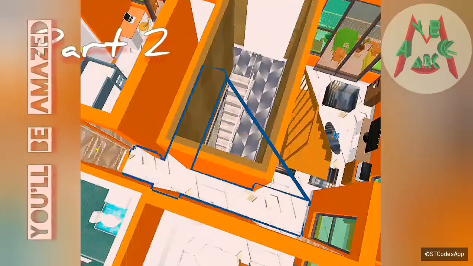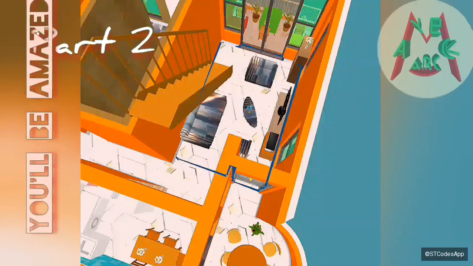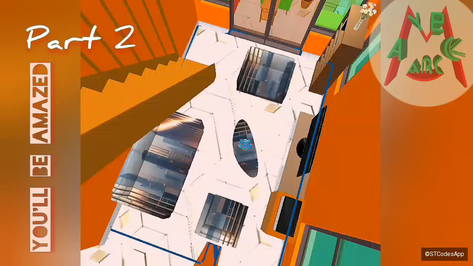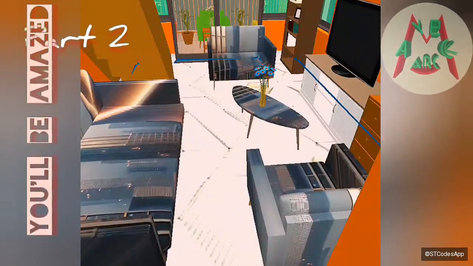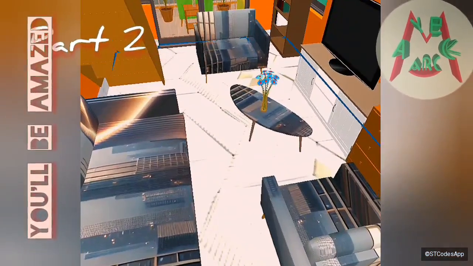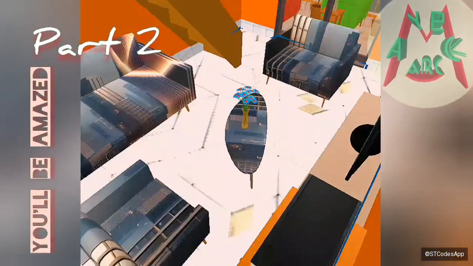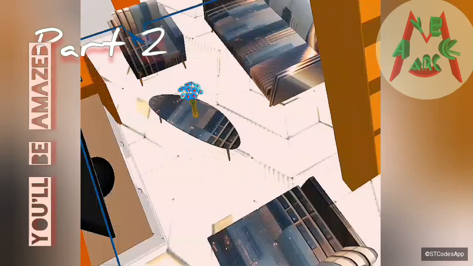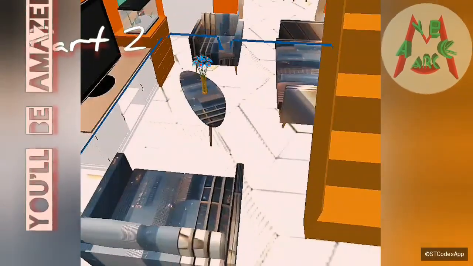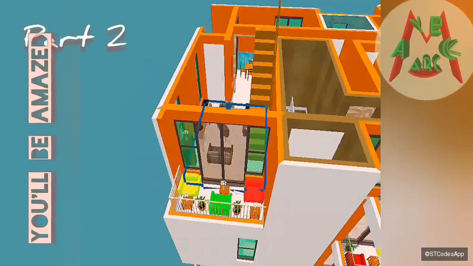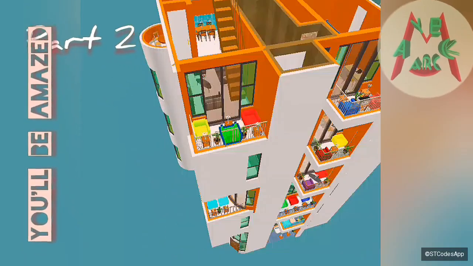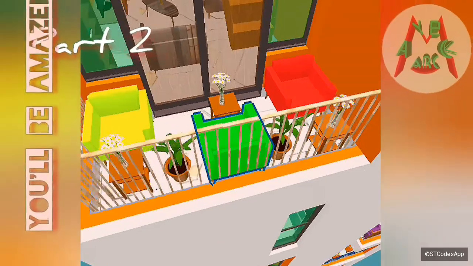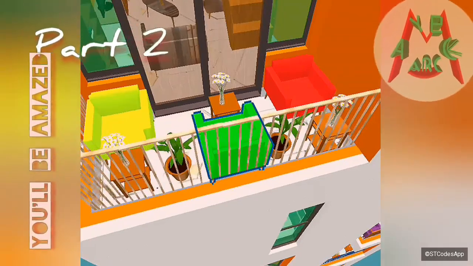Here you find its living room. Our five bedroom house comes with this living room. It's quite a huge living room, and it comes with its own balcony. Balcony here. It comes with its own balcony.